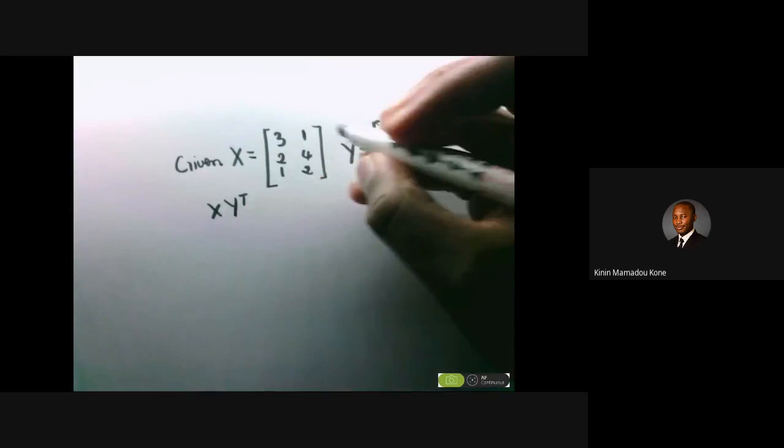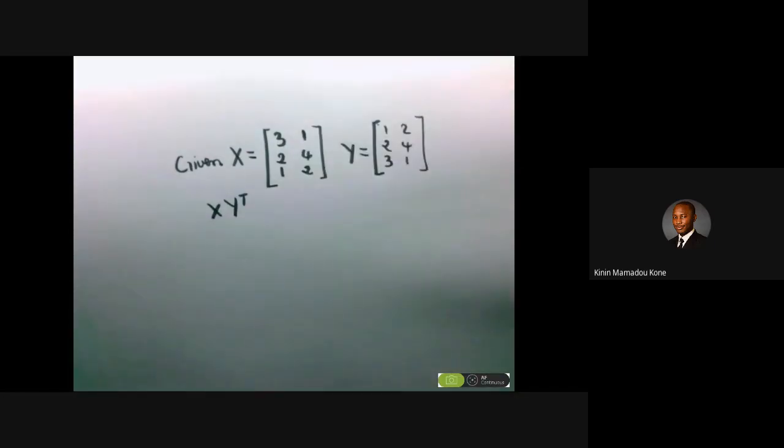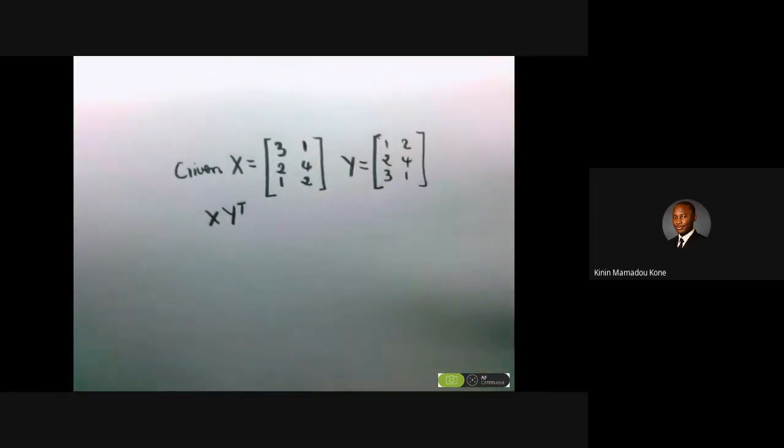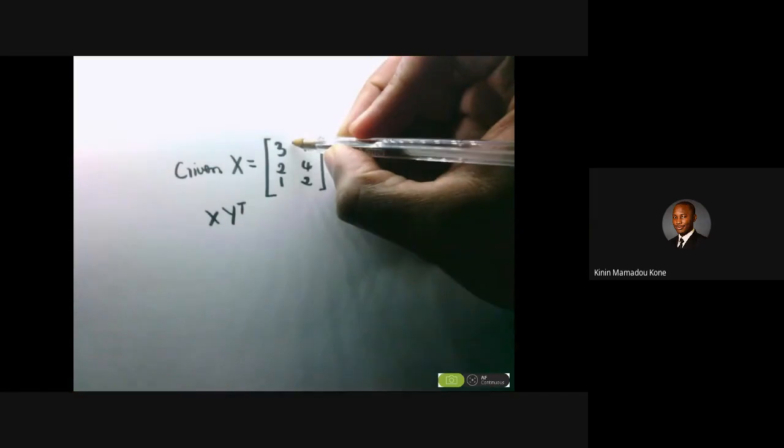So here we have our matrix X, which we can break down into columns: here we have X1, and here we have our X2.